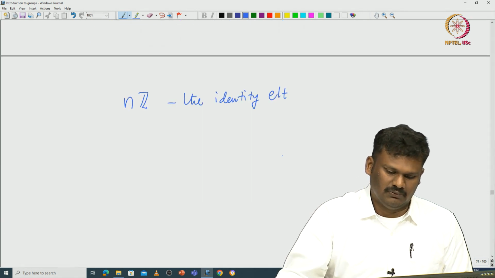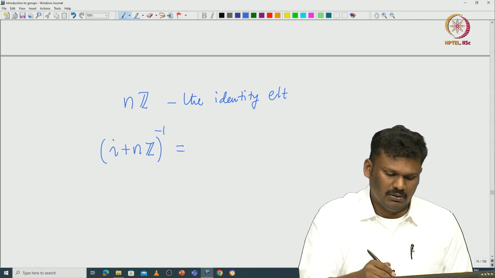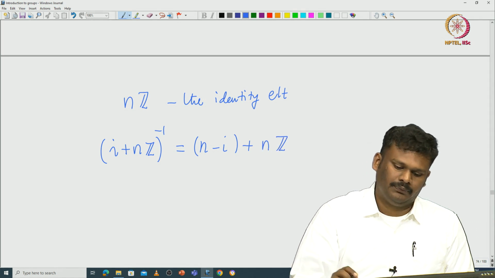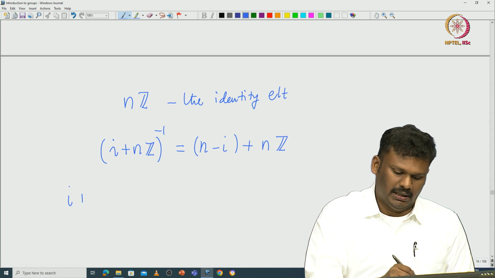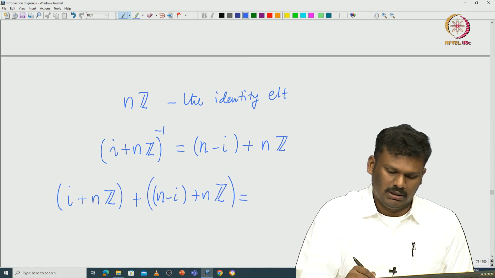And the inverse: if I start with i + nZ, the inverse of this can be taken to be (n - i) + nZ. Why? Because if you add (i + nZ) and (n - i + nZ), you get n + nZ, which is exactly nZ.